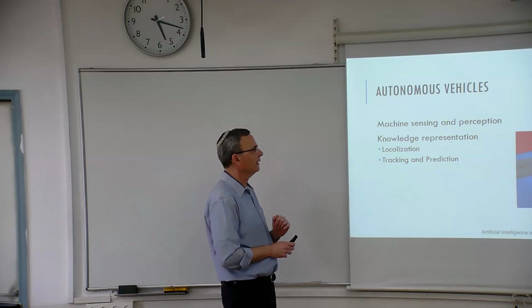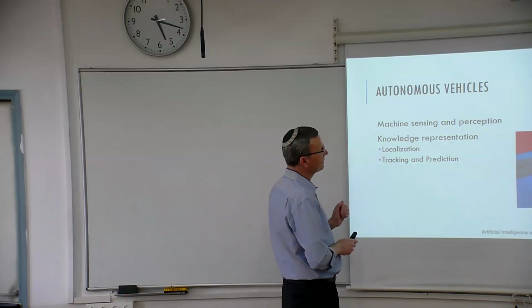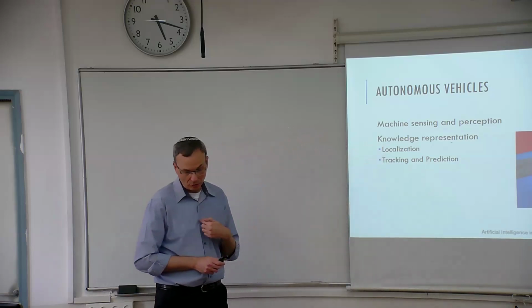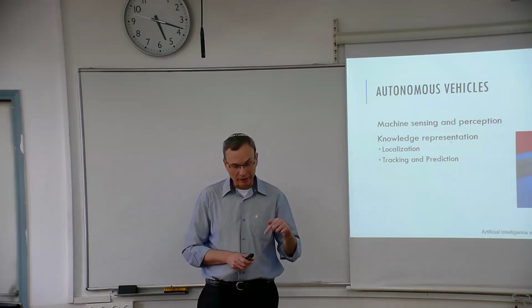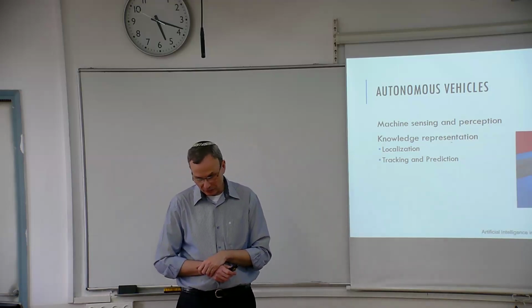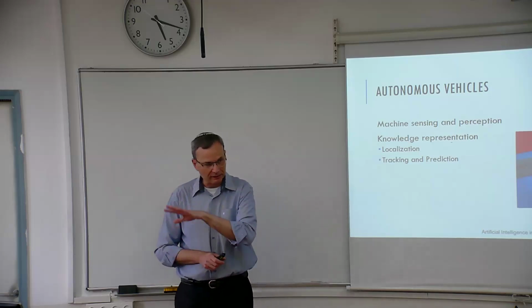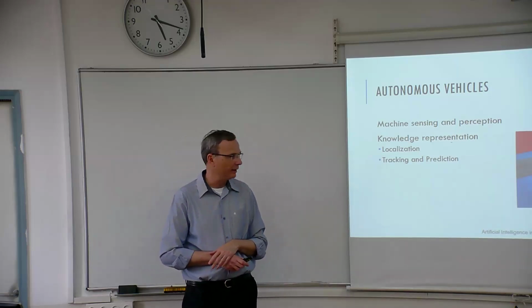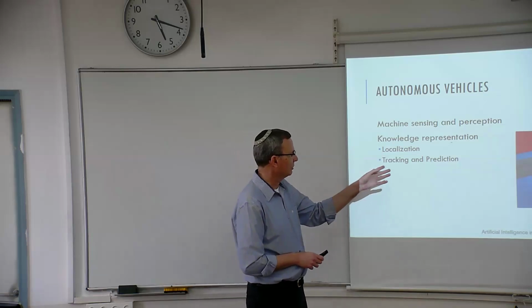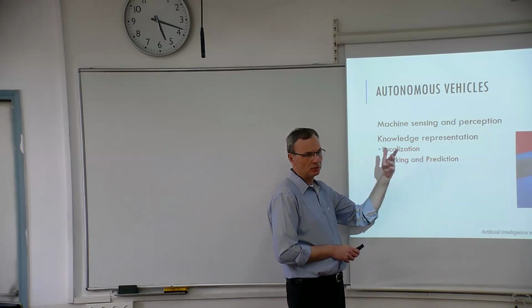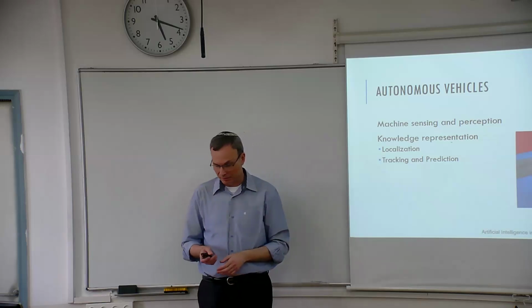You must have a way to represent your own state, where you are located, and also represent what is around you, and tracking and prediction. Of course, I told you the tracking and prediction can be done using deep learning with image processing.